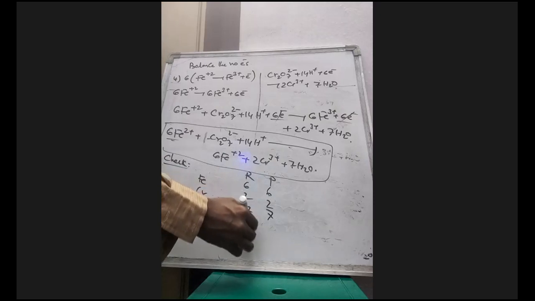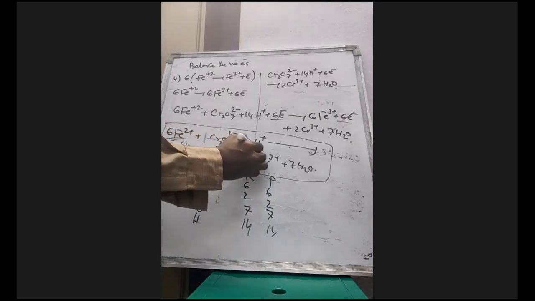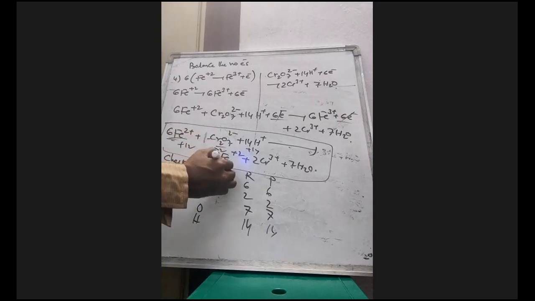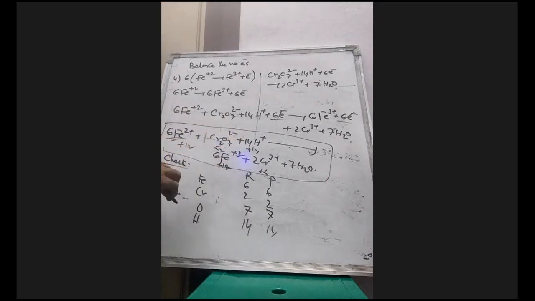Hydrogens: 14. And what about charges? Here it is plus 1, here minus 2, here plus 1, here plus 12 and plus 6. Adding everything up, plus 14 and plus 1, and on the other side plus 3 and plus 18, we get 26 minus 2, which is 24 charges.